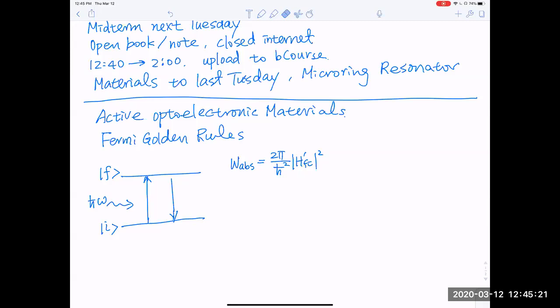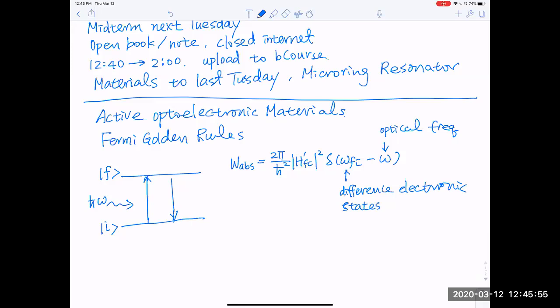And there is a conservation of frequency here, the delta function of omega_FI minus omega. This omega is the optical frequency, and this omega_FI is the difference of electronic state energy.